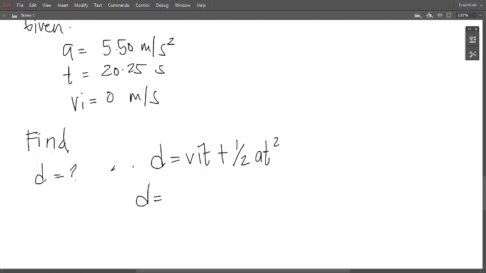So the initial velocity, which is this one, is 0 meters per second.